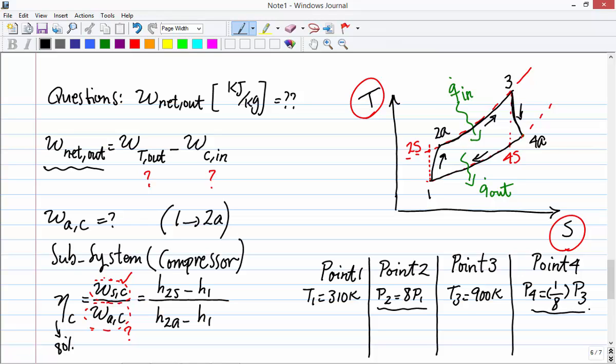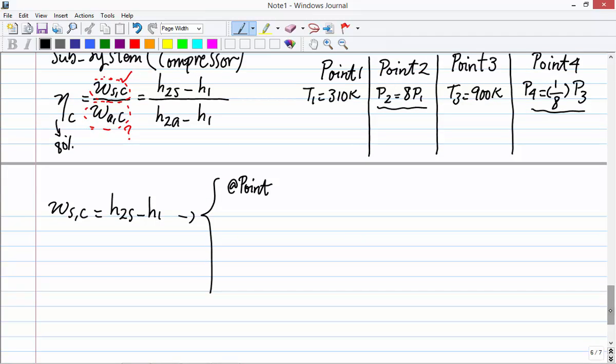And we have the efficiencies. That's all we know. So at point 1, the material is air, and we need to use table A17. I'm looking for H1 and H2s to find WSC, and then find WAC, the actual. Now, how much is H1?